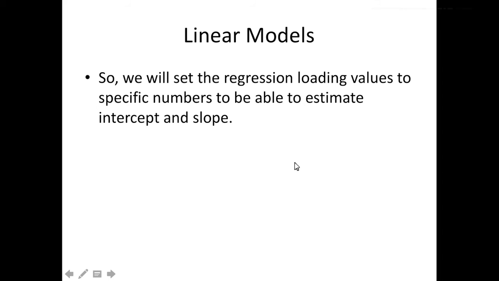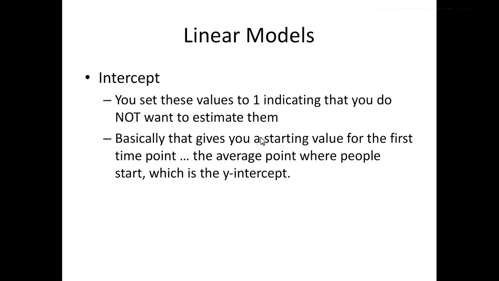So we're going to set those regression loading values to specific numbers to estimate the intercept and slope. So these are your path coefficients. The intercept values are going to be set to 1, indicating I don't want to estimate them. So there's going to be no B values basically. And by doing that, it gives us a start point for the first time point.